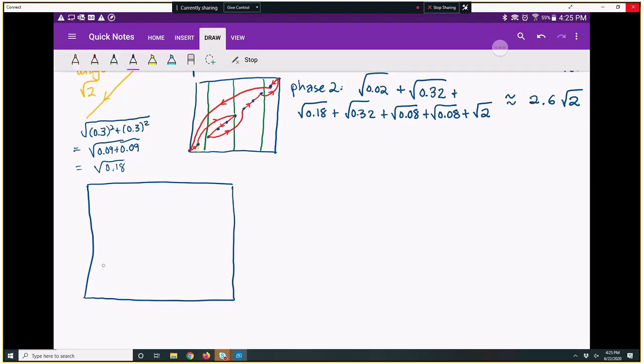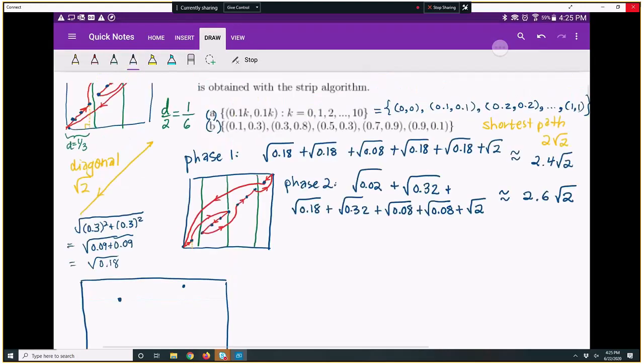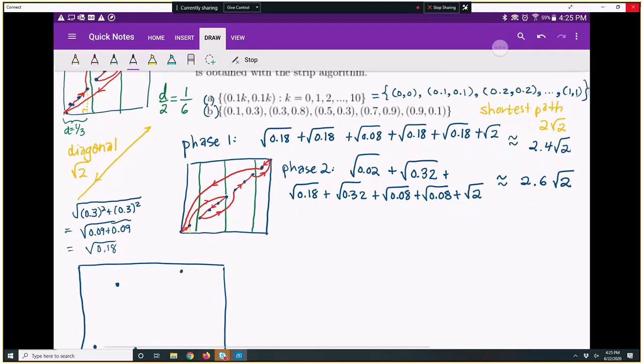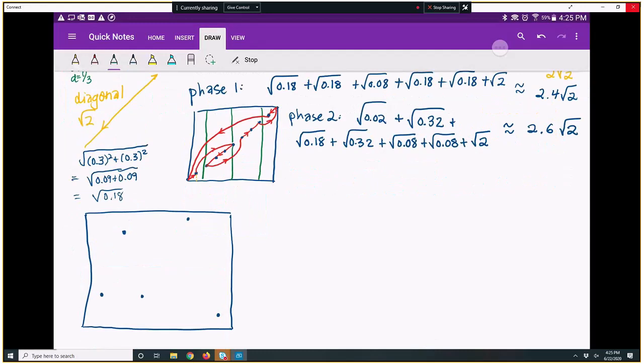So I'll have maybe a point like here, here, here, here, and here. This is just a rough sketch of the points, and there were 5 points. So I'll start in the same way. I'll say, in this case, n is equal to 5. This is part B.